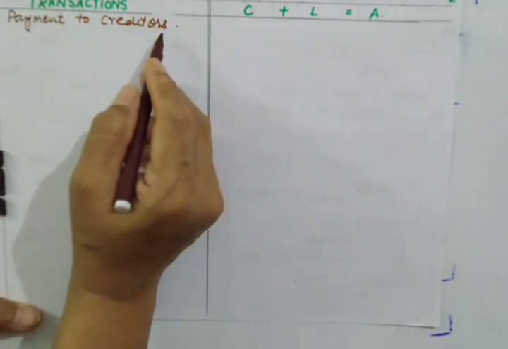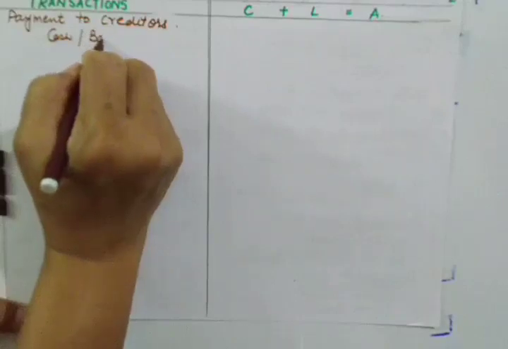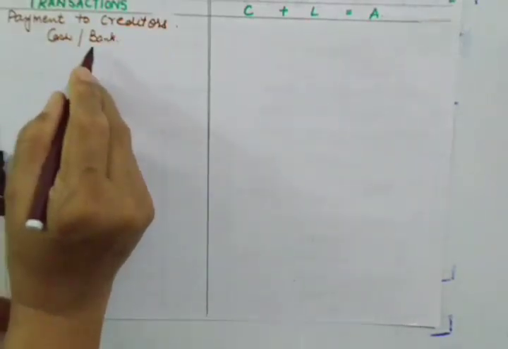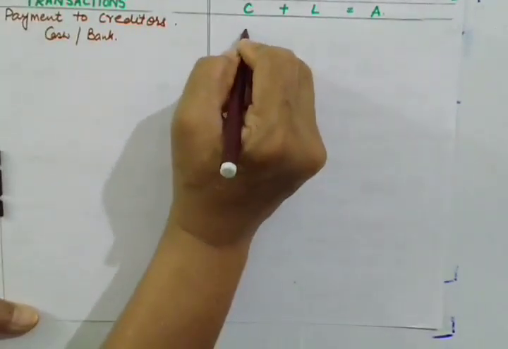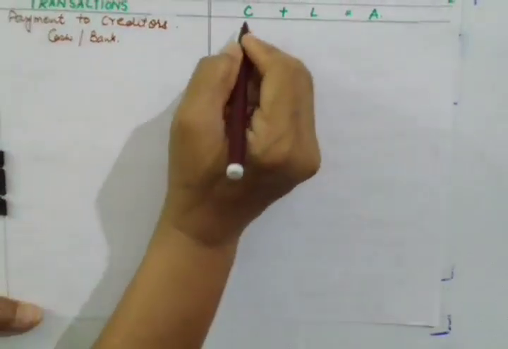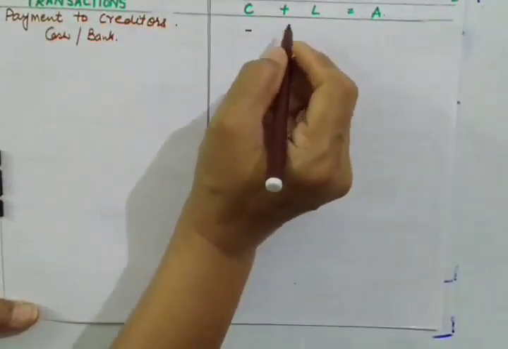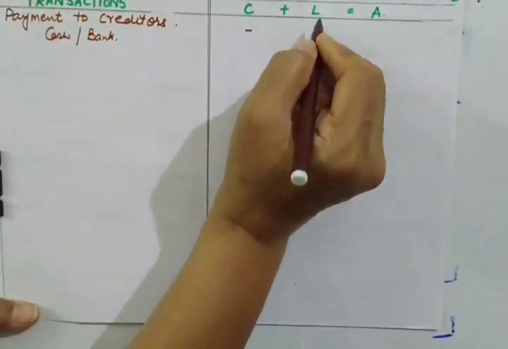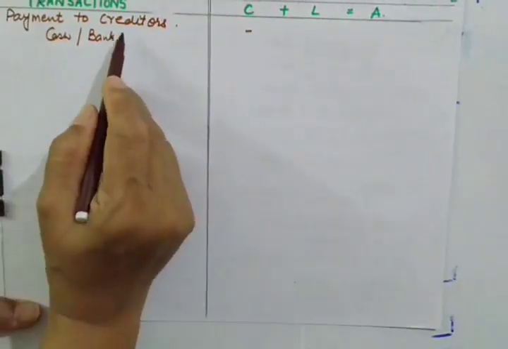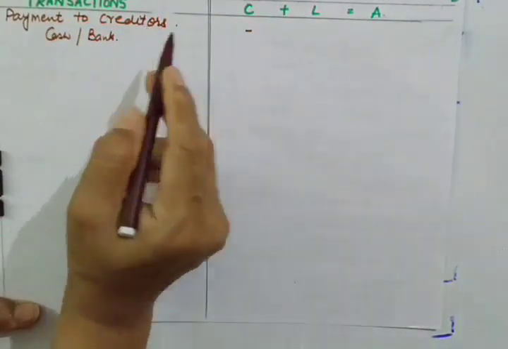Again, it can be in cash or through check, either through cash or through bank. This is not going to change the amount of capital, because it has nothing to do with the capital, but it will reduce your liability because we are making payment to creditors.